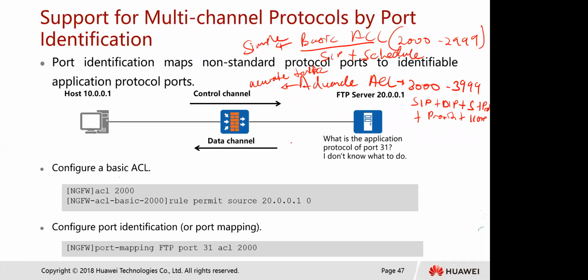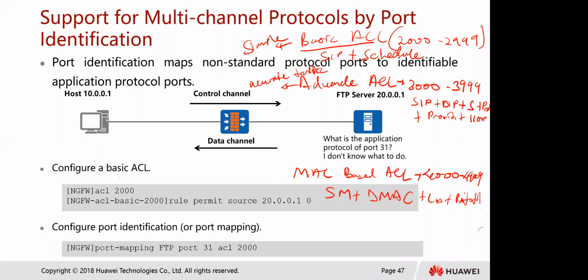And then lastly, we have the MAC address-based access control lists. These run from 4000 to 4999. Here, traffic is matched based on the source MAC address, the destination MAC address, and also the protocol code, the protocol which we are going to be using.